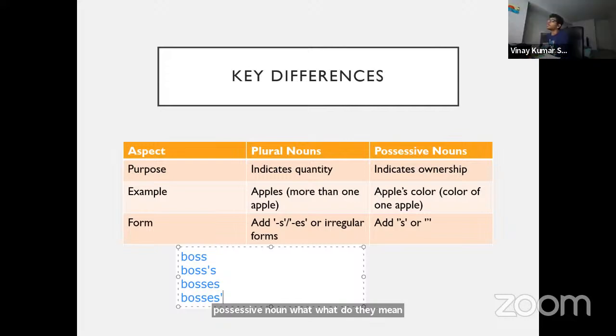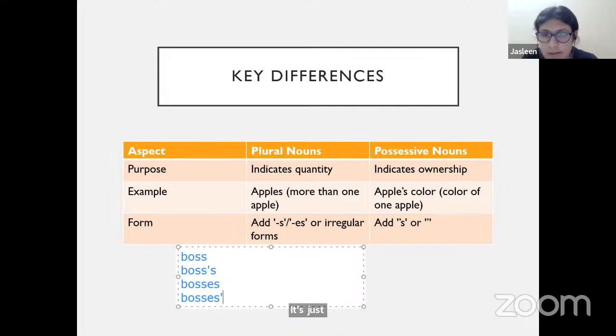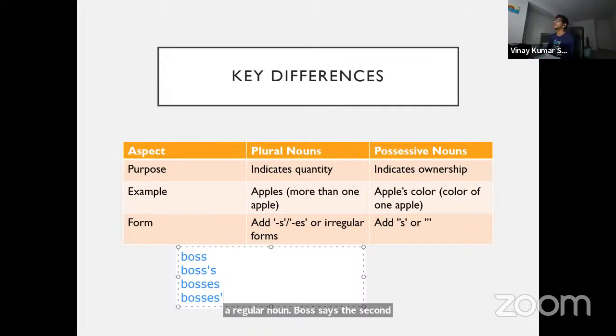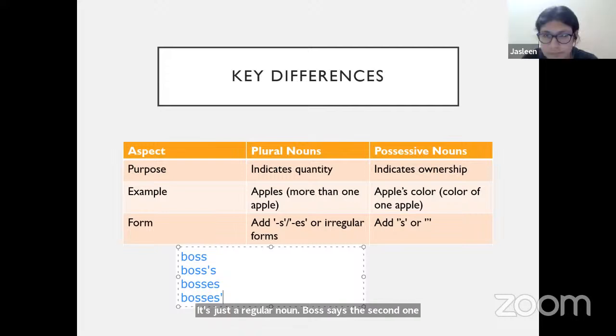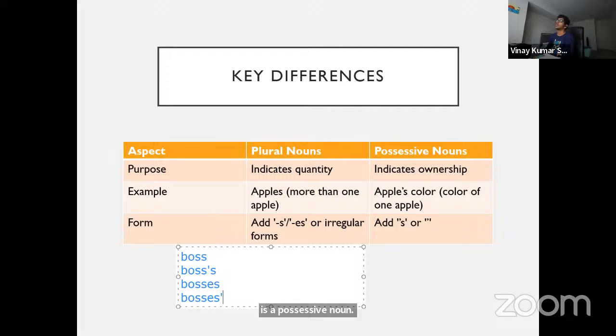The first word, boss, is just a regular noun. The second one is a possessive noun for one thing, like this person has one object, one thing.